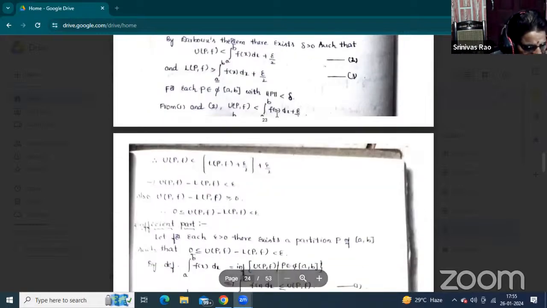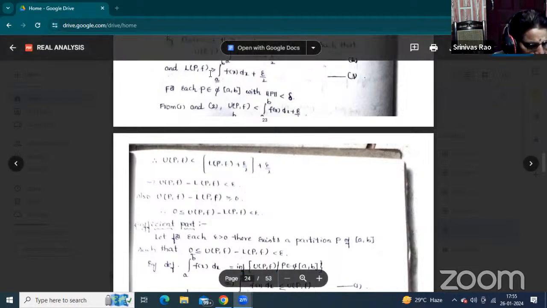So upper Riemann sum, now that is less than... What is the value of this one? From the first and third equation, in the same manner, 1 and 3. What is that? Lower Riemann sum is greater than lower Riemann integral, replacing from the second equation, that is the Riemann integral of the function minus epsilon by 2. So that value is also the Riemann integral minus epsilon by 2.